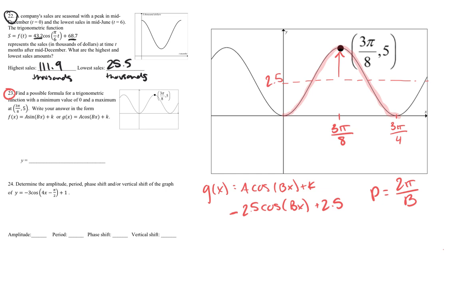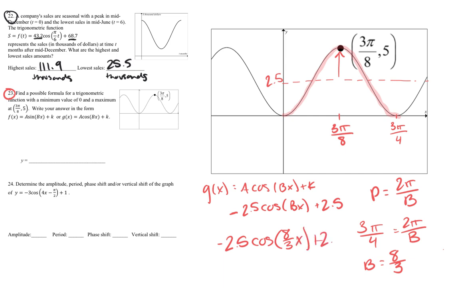We know our period to be 3 pi over 4, which is equal to 2 pi over b. Solving that for b, we get b is equal to 8 over 3. So finishing this equation out, we have negative 2.5 from our amplitude, cosine of 8 over 3 from our period, x, plus 2.5 from our shift up.